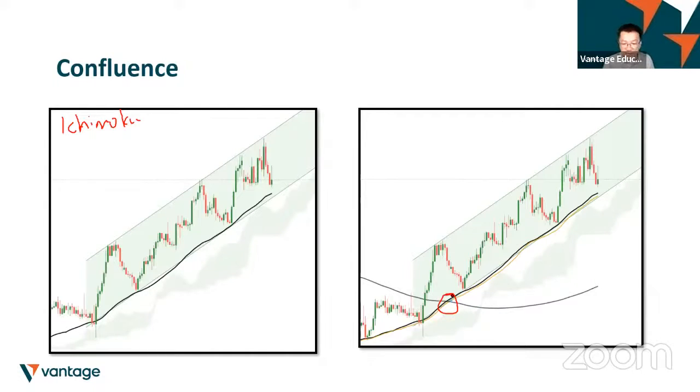A 50 period moving average means that it needs to consider the 50 candles before, before it puts a dot. That 50 MA crossover is going to happen slightly later than everything else, because the crossover would have to be considering the 50 candles before that.